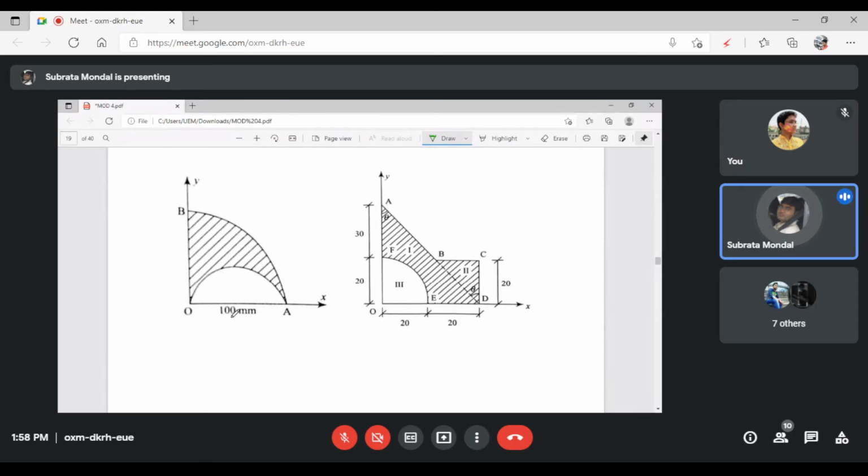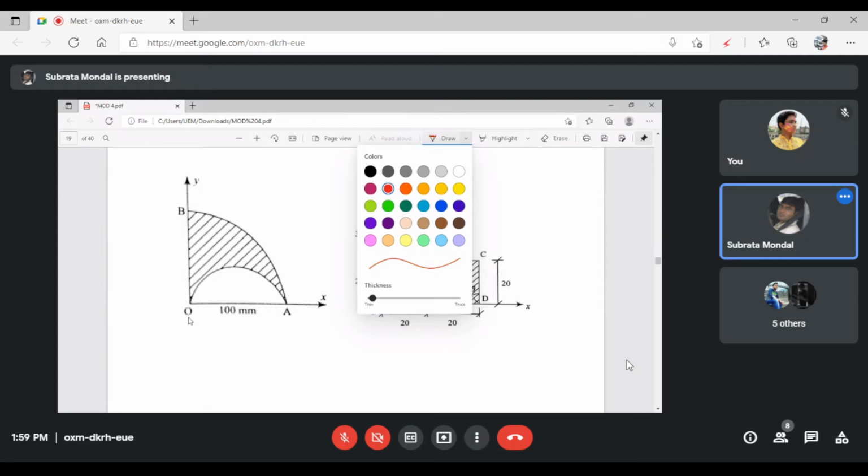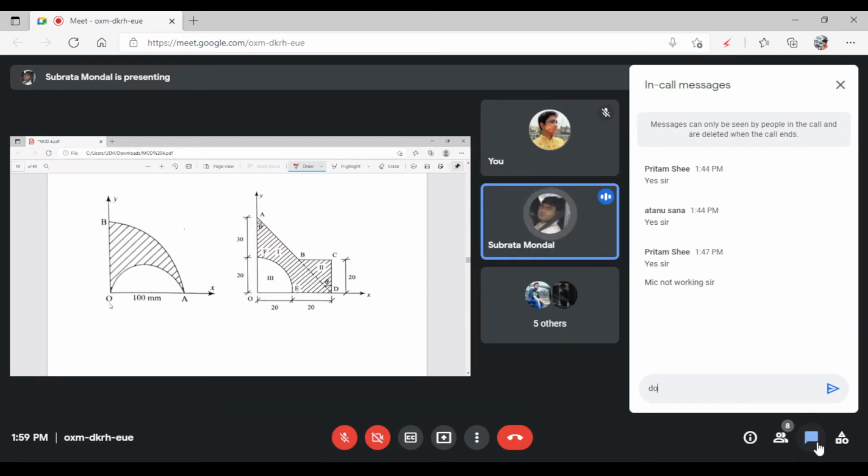So this figure is very simple. How to solve this? Okay, let us discuss this figure. How do we find the center of gravity of this particular figure? See, this is not a symmetric figure, yes or no?